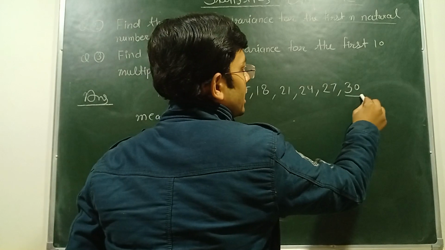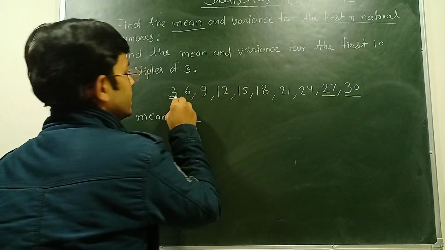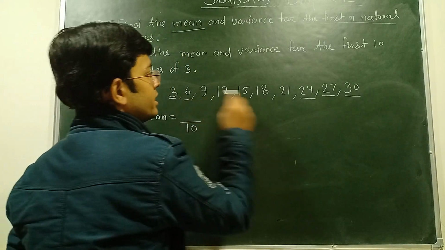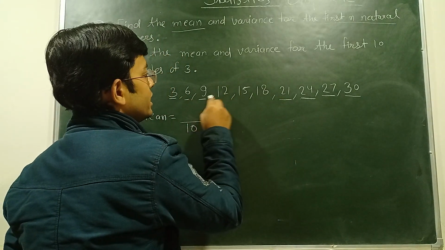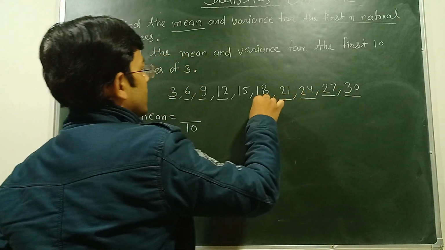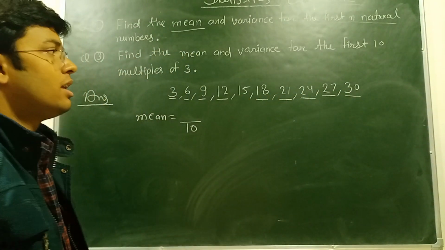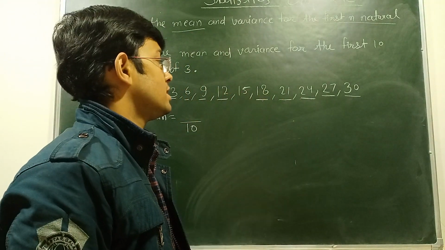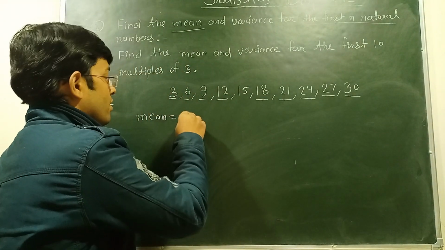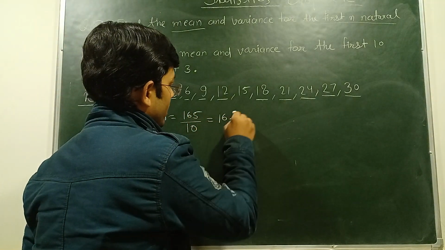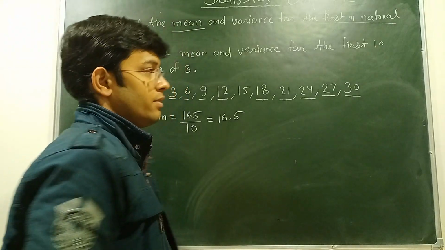So you can see that 30 and 3 is 30, 24 and 6 is 30, 21 and 9 is 30, 18 and 12 is 30. 1, 2, 3, 4, 5, 5 times 30 is 150, and 150 plus 15 is 165. 16.5 is the mean of our question.